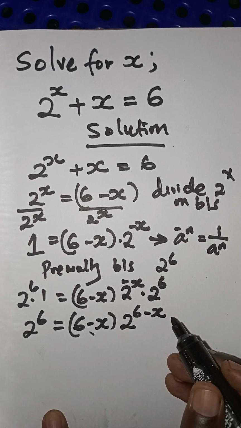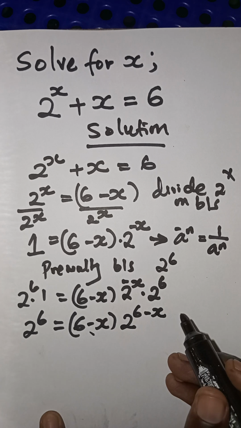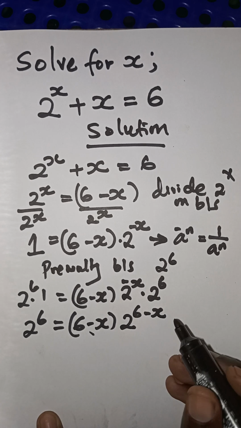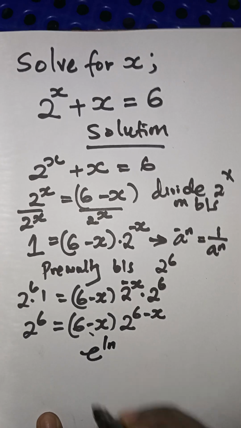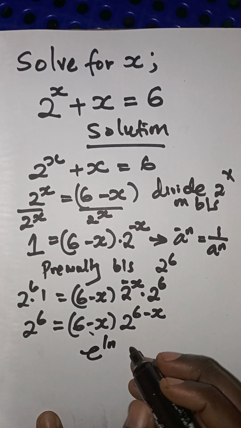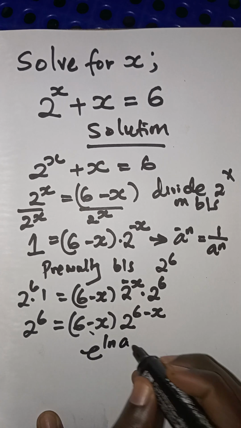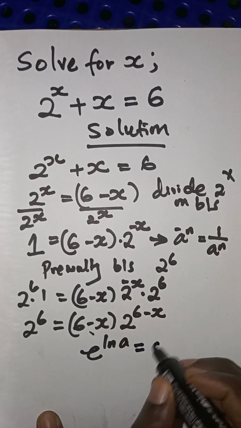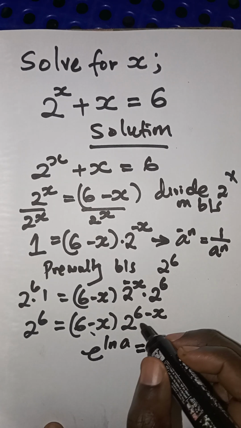And you need to recall from this stage that whenever you have an exponential to a natural log of any letter or any number, let me call it a, then the output should also be equals to a. That is what I'm going to use here.